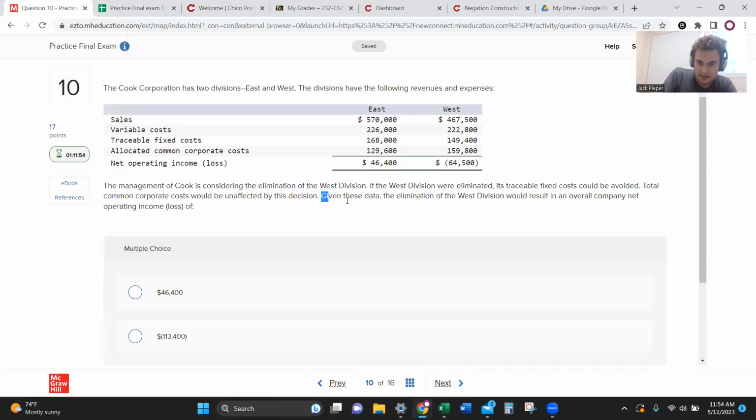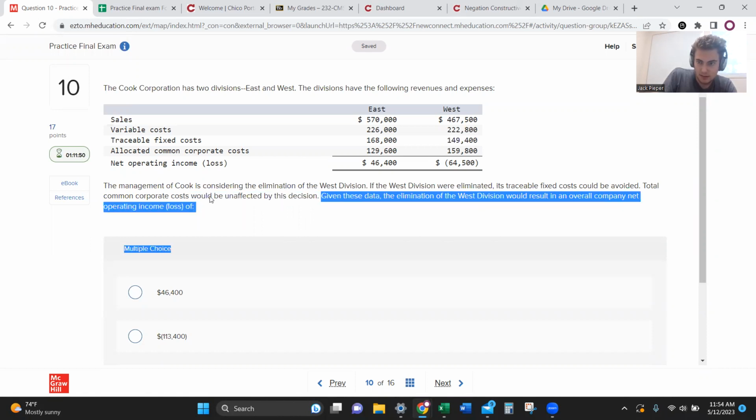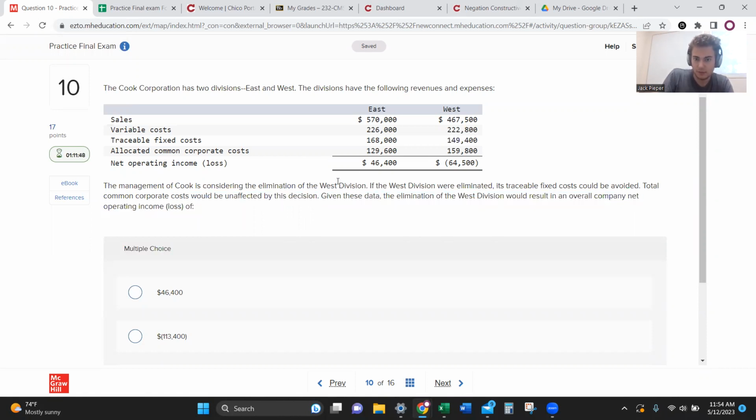But what it's asking for is the net operating income of the company, right? So we know what the effect would be. Let's find our old net operating income. The way we do that, we'll just add the two together. So negative 64,500 plus 46,400, and we'll get negative 18,100.